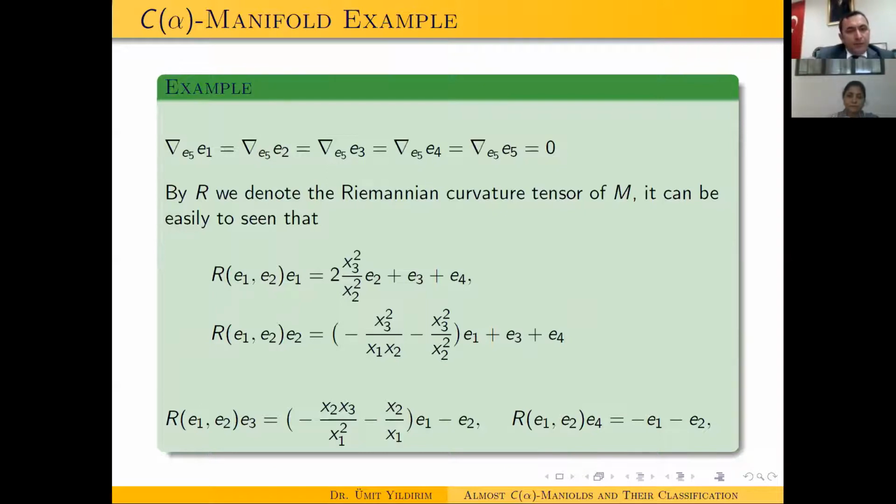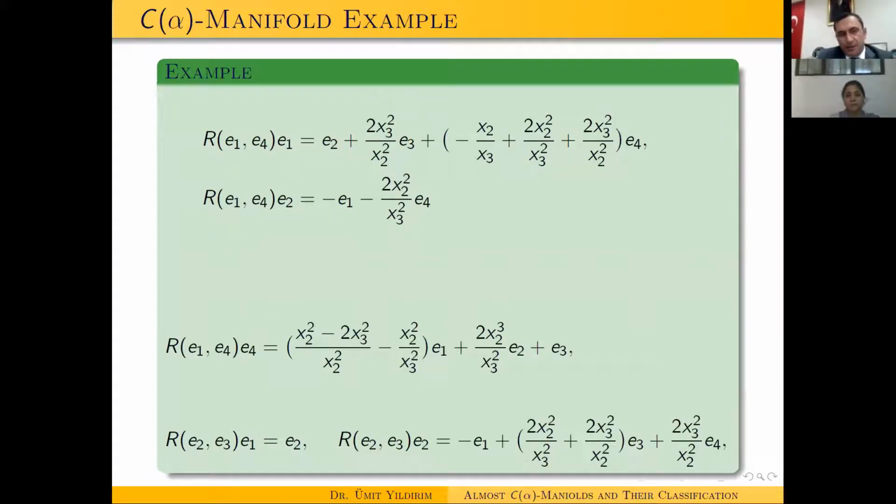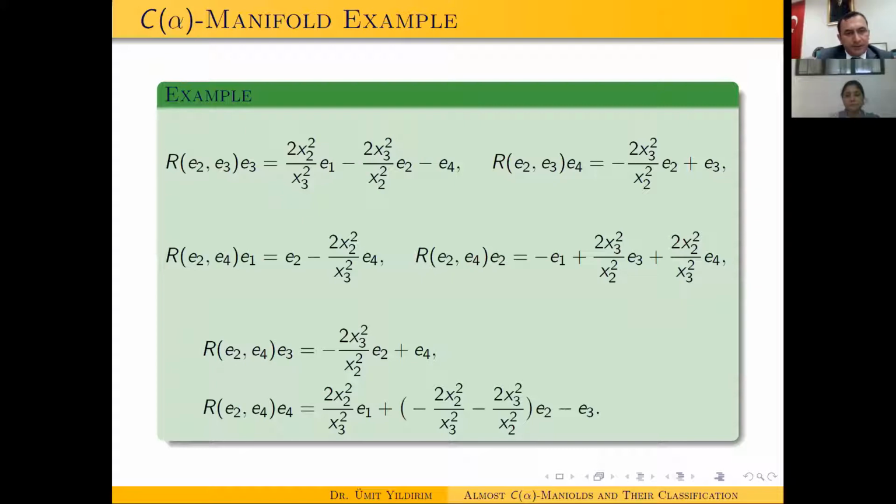By R, we denote the Riemannian curvature tensor of M. It can be easily seen that R(e1, e2, e1, e2) equals this equation. Similarly, we find the other components by easy calculations. These equations give the Riemannian curvature tensor results.